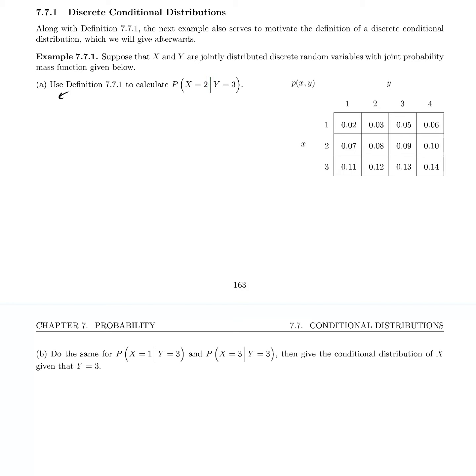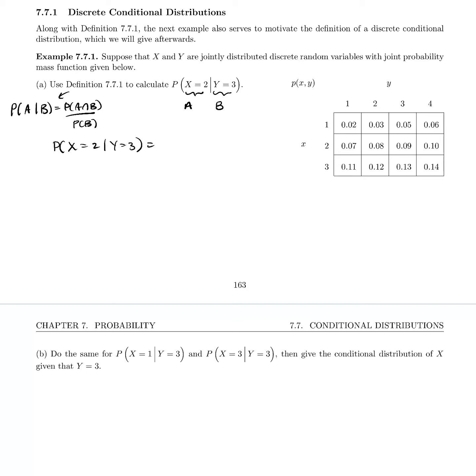Definition 7.7.1 was: if we had two sets A and B, then the probability of A given B is the probability of A intersect B divided by the probability of B. So A is the event that X equals 2, and B is the event that Y equals 3. We're looking for the probability that X equals 2 given Y is equal to 3.